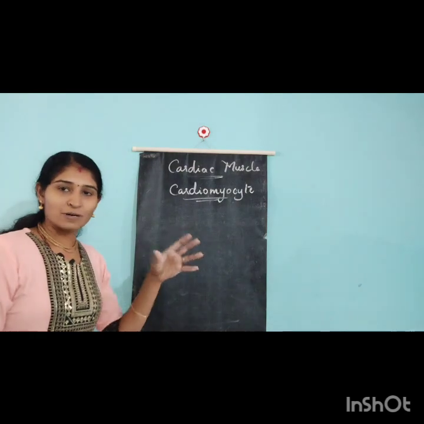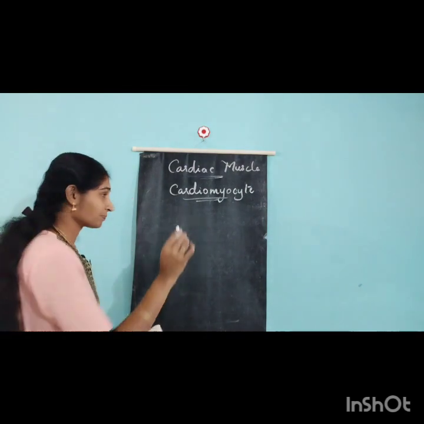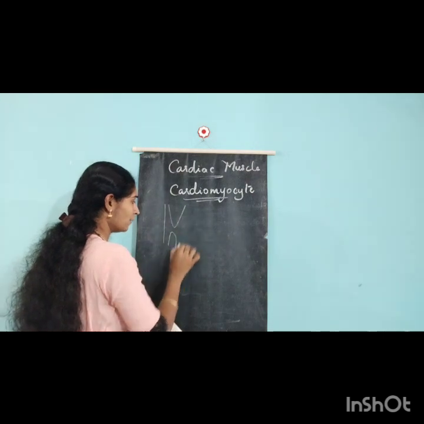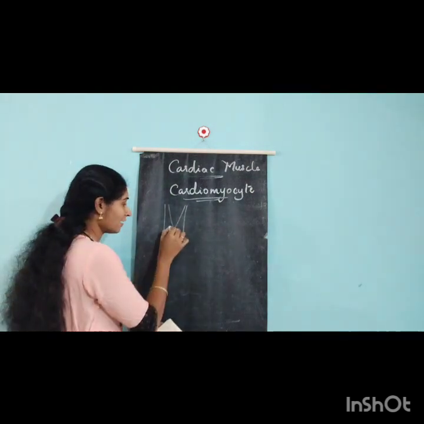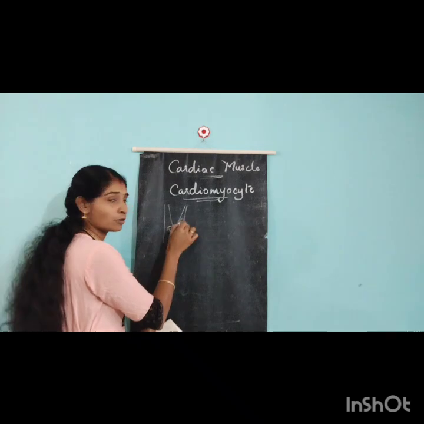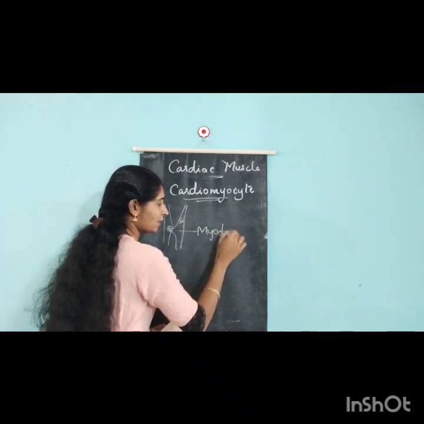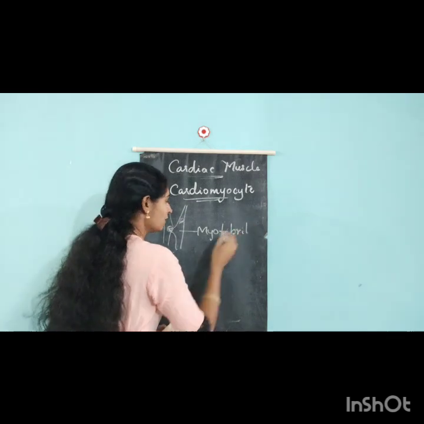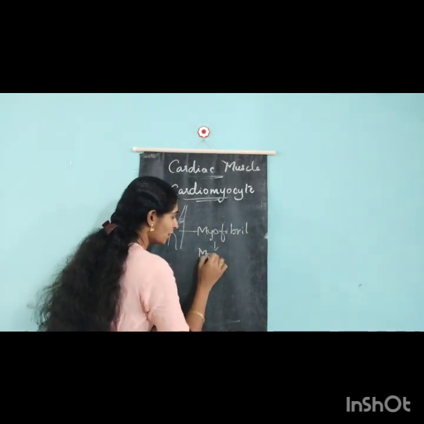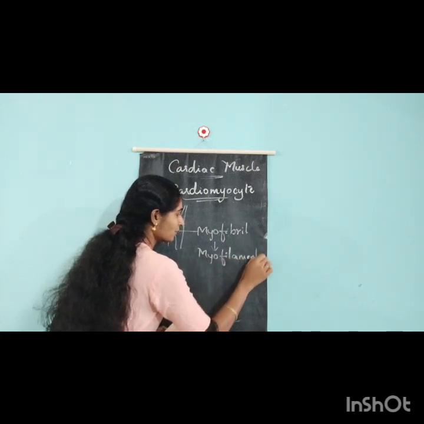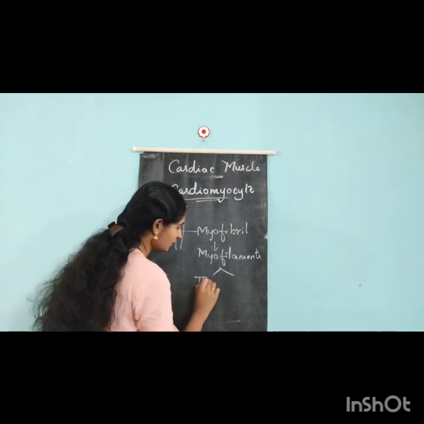The entire thing, once again I am going to repeat it. So cardiomyocyte is what? It is an elongated and branched cell. It is having a single nucleus, many mitochondria, and what does it contain? A myofibril. What is this myofibril? Myofibril is made up of myofilaments. What are these myofilaments? Myofilaments are thin and thick bands.